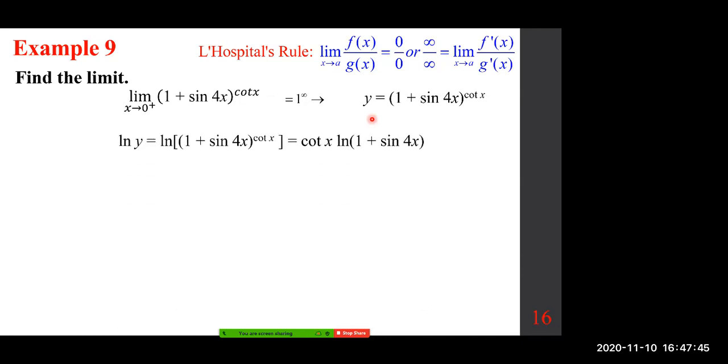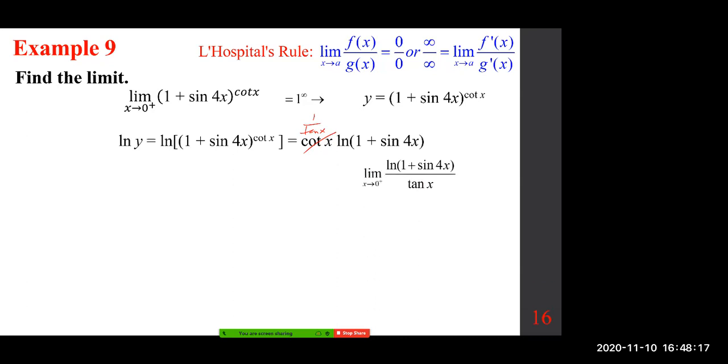So ln of y is cotangent x, ln of 1 plus sine 4x. And now if I put cotangent in the denominator, it makes it a tangent. That means 1 over cotangent, or just simply put, change this one to 1 over tangent. However you want to put that.